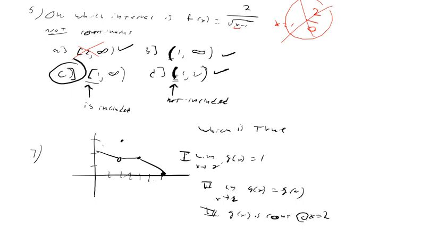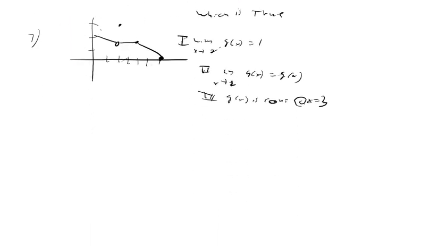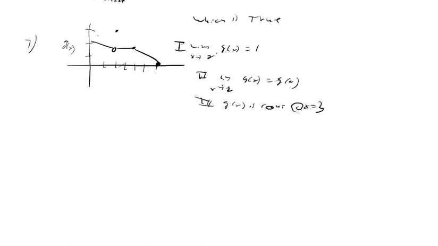Oh, at x equals 3. Okay. So this is a graph of g of x. We have these questions. Which ones are correct? So check them one by one.